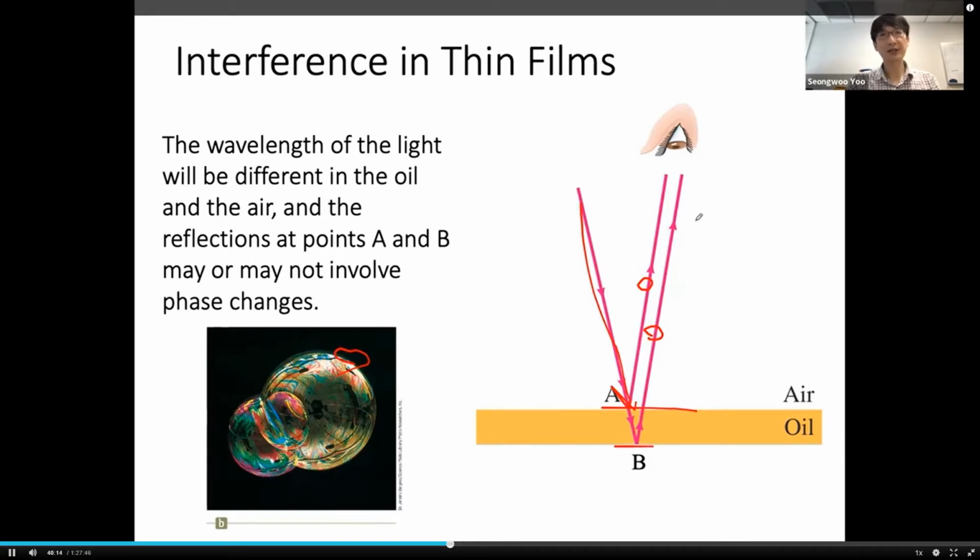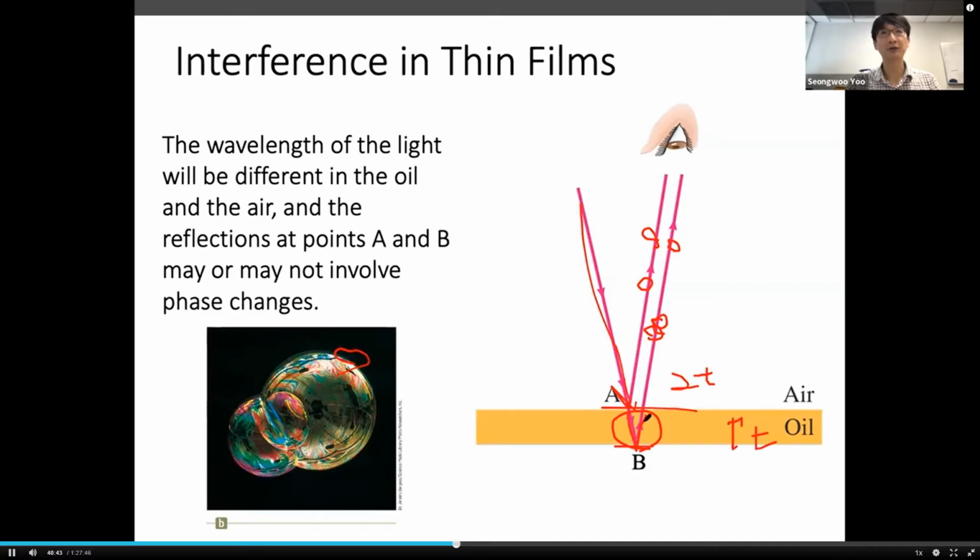Well, if you examine those two diagrams, the only difference between wave 1 and wave 2's path happens inside this oil. In other words, we have an additional round trip for the second wave. Therefore, our optical path length difference is going to be 2 times the thickness t of the oil.